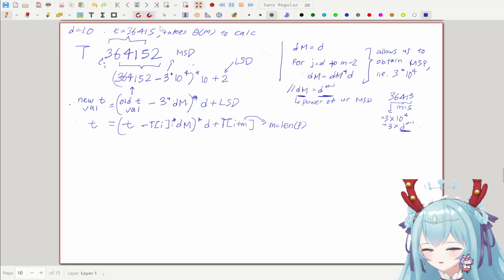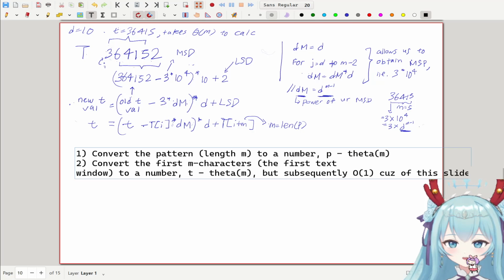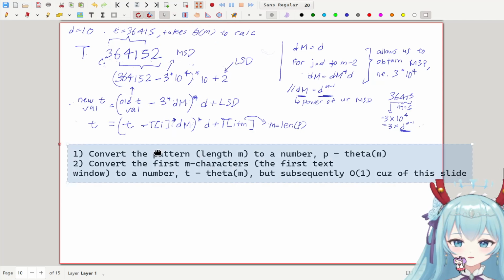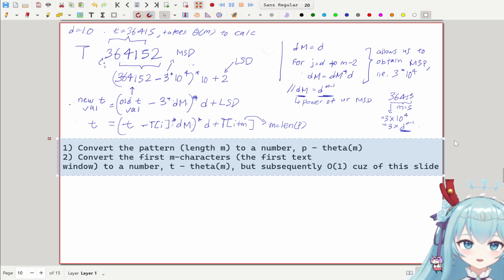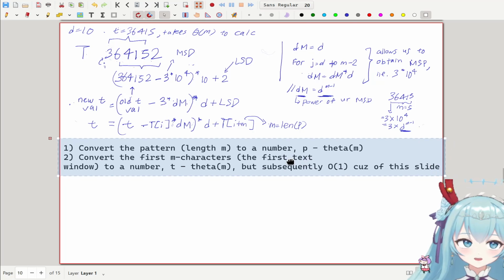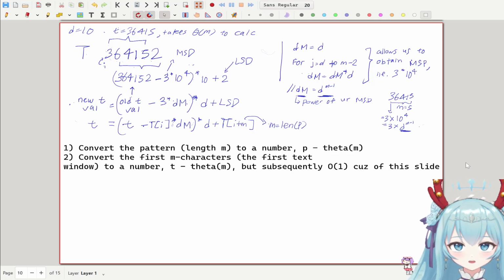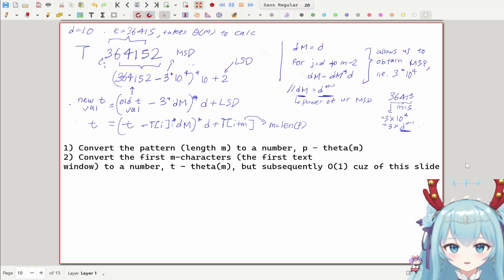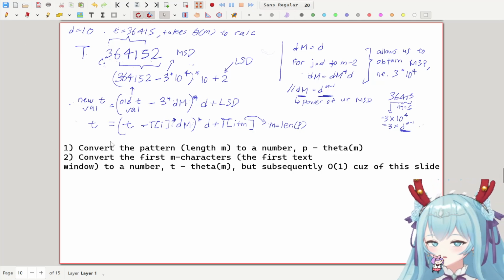So here, I'm just going to reiterate what this allows us to do. It allows us to convert the first pattern to a number, small p, which is theta of m. Okay, let me just select my pencil.